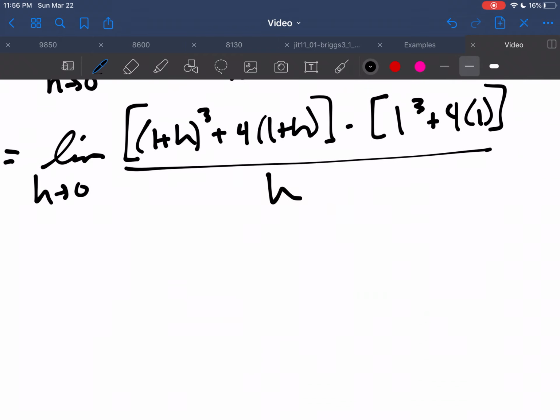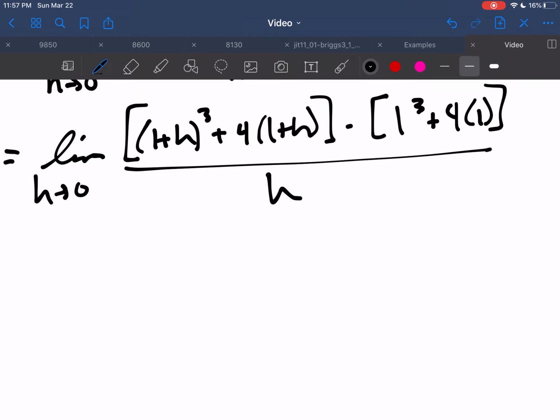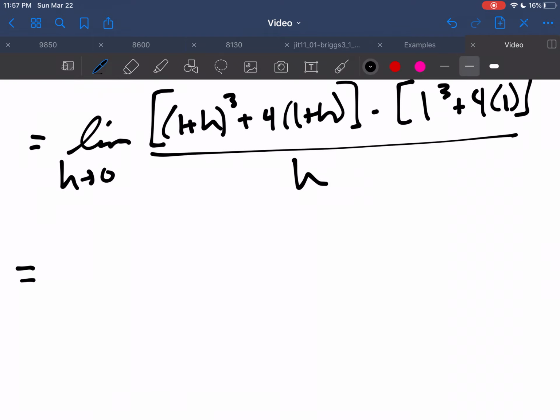Okay, so I expand this out, making sure, remember, you cannot distribute that 3. Okay? This is really 1 plus h times 1 plus h times 1 plus h. Now, if we do that, we expand it all out.